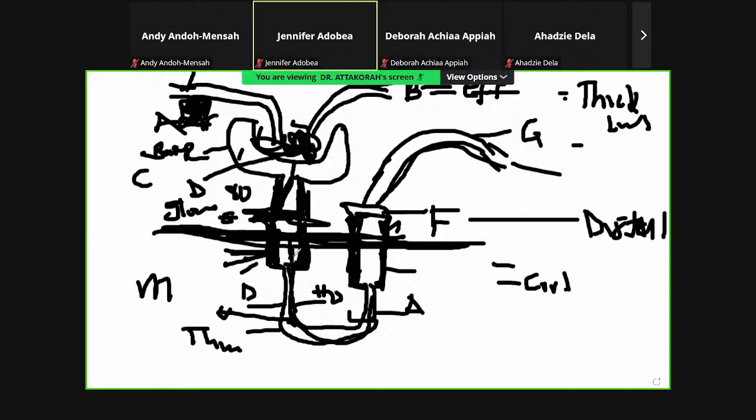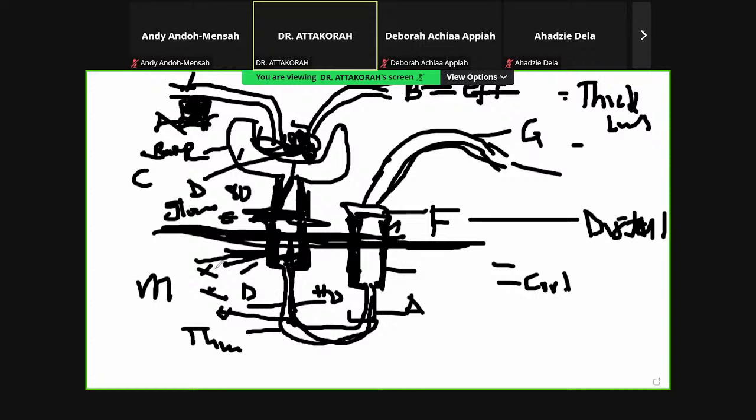So when this 20% gets into this side, some of the sodium, some of the magnesium, some of the potassium, some of the glucose will get into this side, because this side is thick. Some of the glucose, some of the urea, some of the potassium will get into the medulla via the thick loop down here.